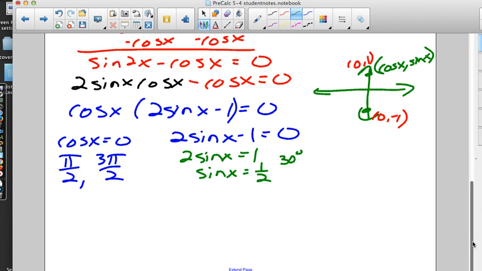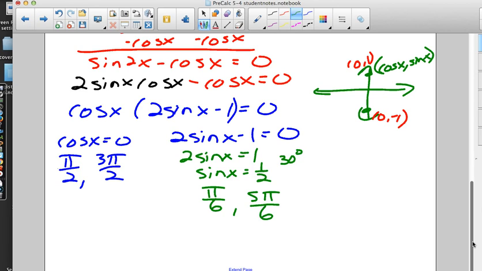So we think in 30 degrees, but we quickly change that over to what? Pi over 6. And in the first quadrant, do we get a positive sine value? Which other quadrant gives us a positive sine value? Quadrant 2. So we need that reference of pi over 6 in quadrant 2. What would that be? 5 pi over 6. Good.